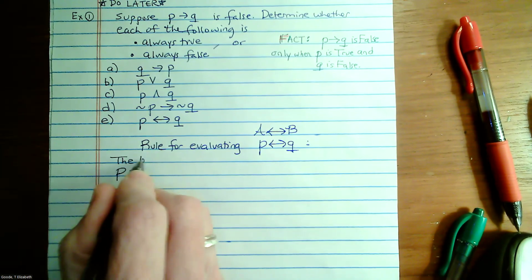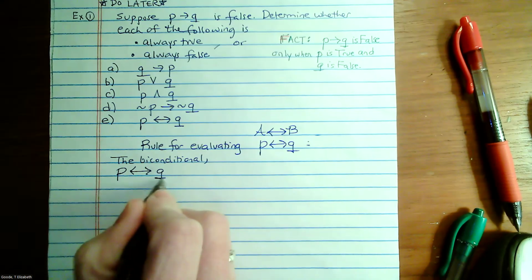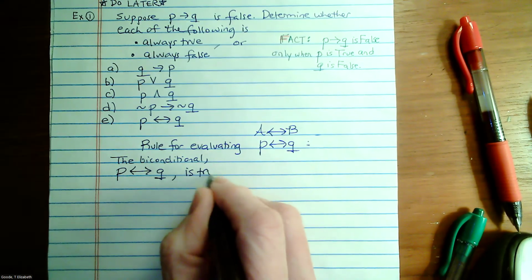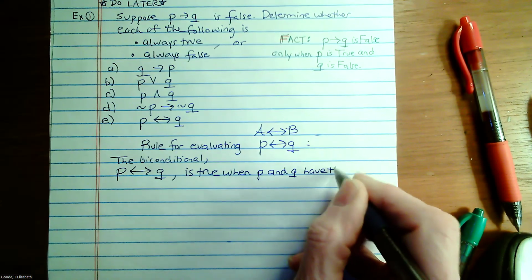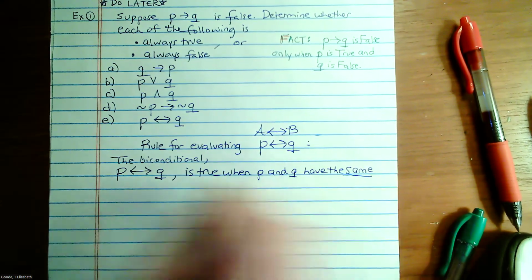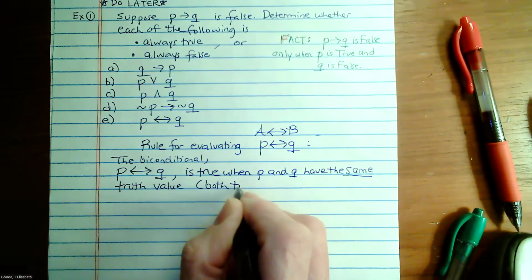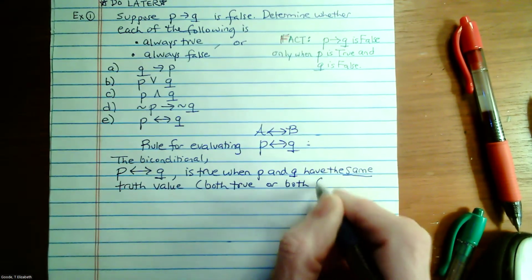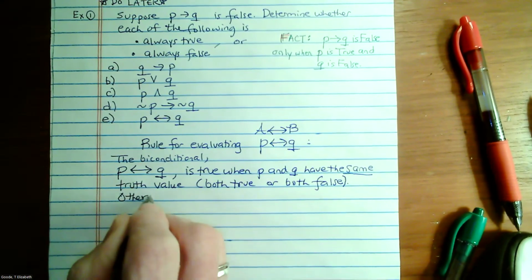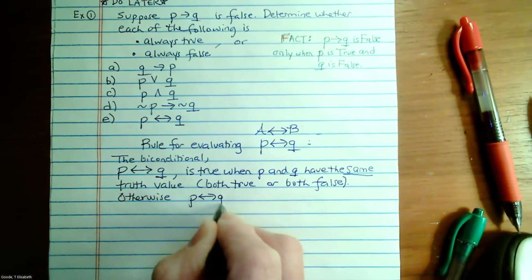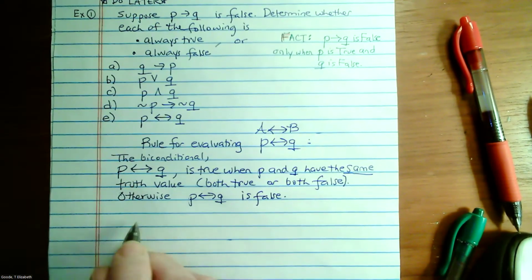The biconditional, P if and only if Q, is true when P and Q have the same truth value, whether they're both true or both false. Otherwise, P if and only if Q is false.